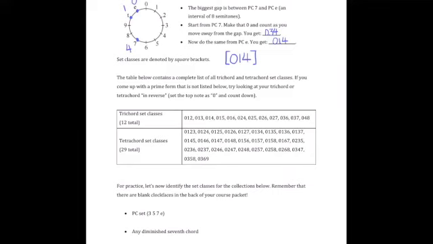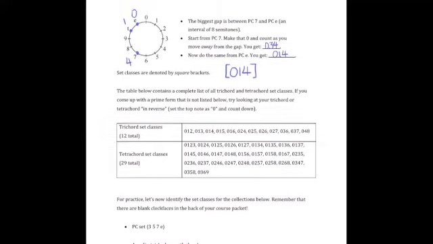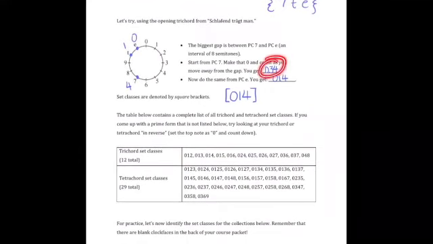But the reason I gave you this table is, when you're doing your worksheets or analyzing a piece, if you come up with a trichord or a tetrachord that is not in this chart, then that means that you did something wrong along the way. More than likely, you just have the wrong form. So say that you did all of our work up here and you said, oh, okay, my set class is 034.